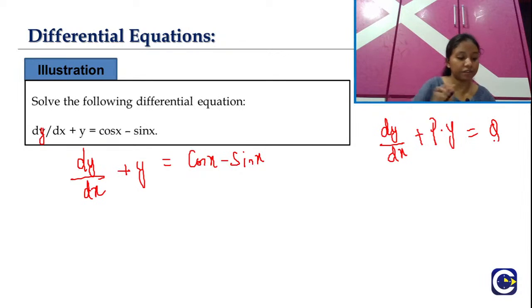So what is the integrating factor here? Can anyone let me know the integrating factor quickly? Not yet. No one has given the integrating factor yet.